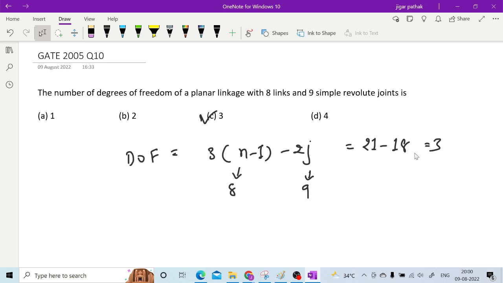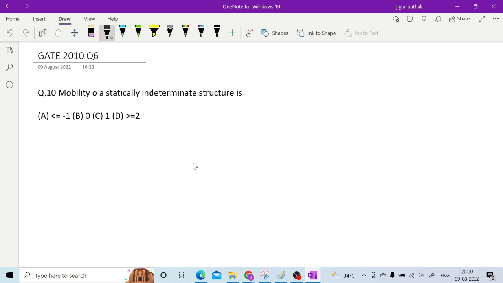The next question is from 2010. So here from 2010 you have this question, and I am generating the poll again for this one.